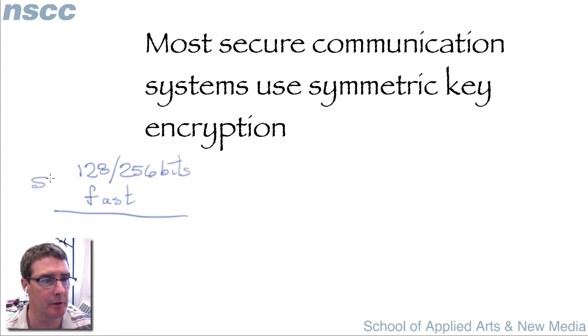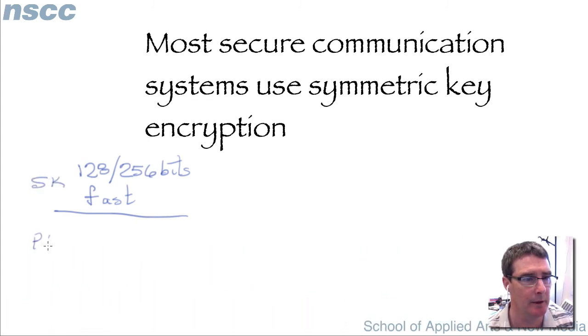So this is symmetric key. Public key encryption uses a private and a public key, but the keys have to be very much larger, and this is just a mathematical reason, in order to get the same level of security. So here now, if I'm going to use PKI, they have to be 1024, 2048, and they're very slow.